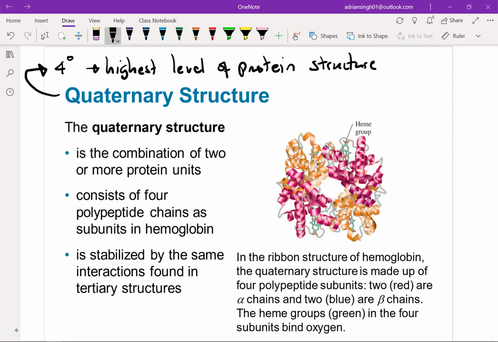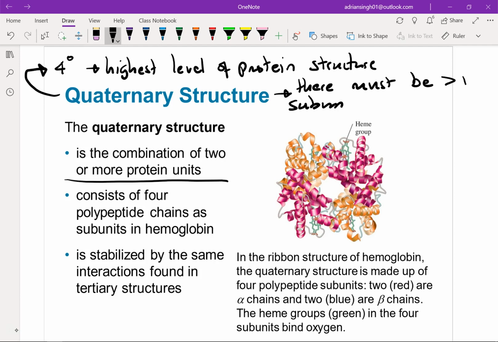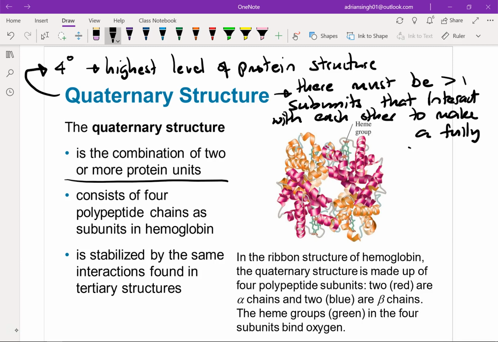In order for a protein to have quaternary structure, that simply means that there must be more than one subunit that interact with each other to make a fully functional protein.